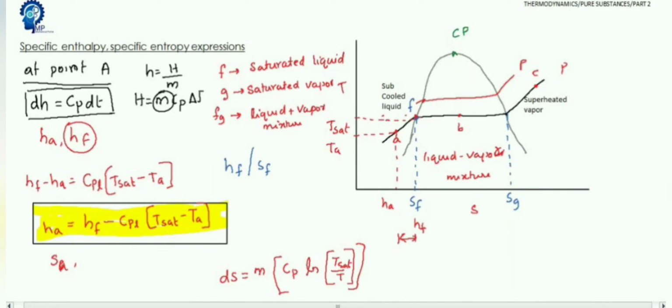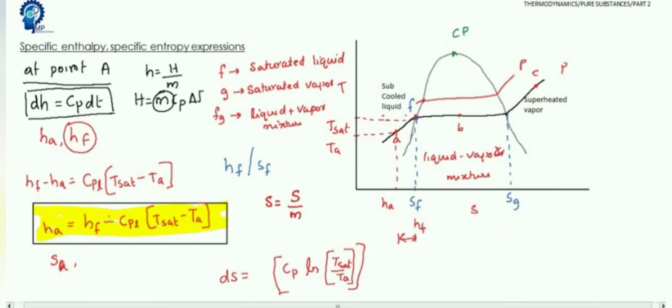We are taking the first state as Ta. So we get ds equal to m Cp log Tsat by Ta. Now we are considering specific entropy, so we don't have to take mass. Specific entropy is entropy per unit mass.